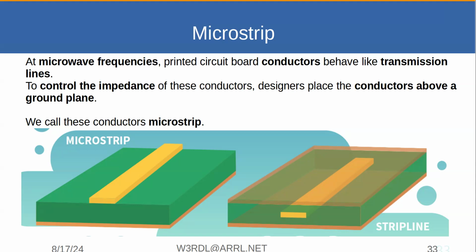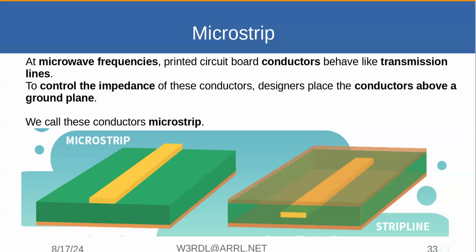They call it microstrip, where you calculate the width of that conductor and what the dielectric distance is to the ground plane, such that it looks like a 50 ohm transmission line.